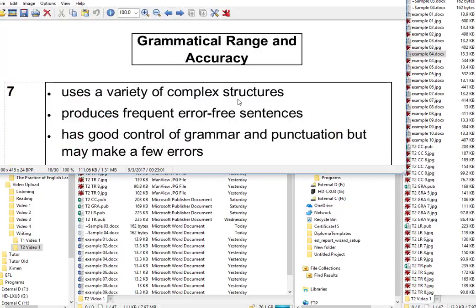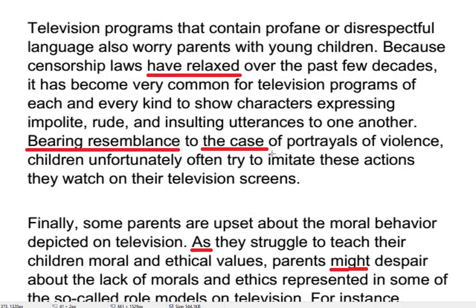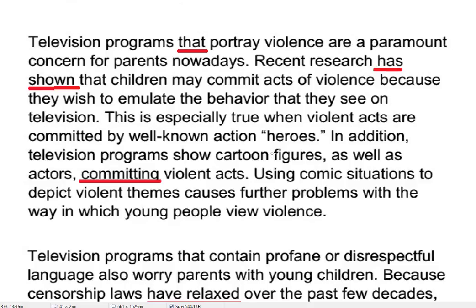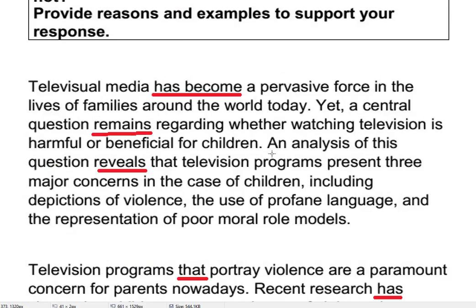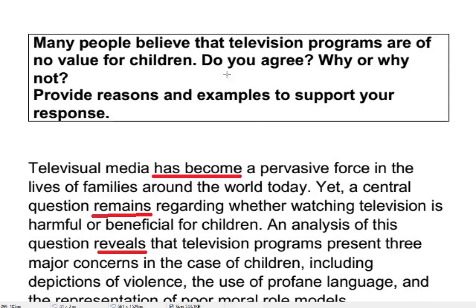A variety of complex structures. Error-free sentences. Frequent error-free sentences. As far as grammar goes, yeah, there are frequently no errors. A range. We could probably say there is a range, yeah. Few errors and a range of structures. Again, the problem seems to be with just answering the points raised in the prompt.